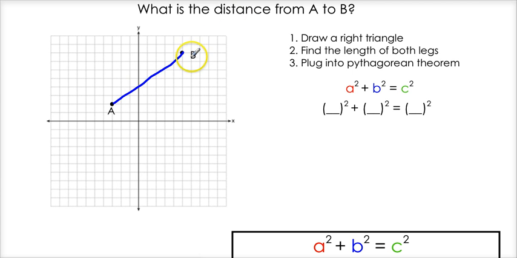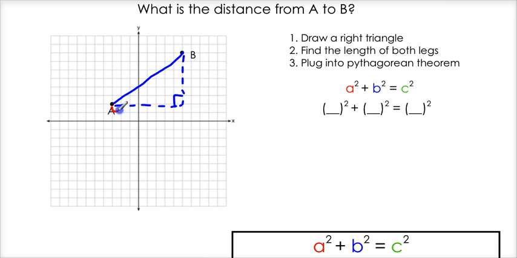Well, I'll show you. What you could do is create your own right triangle. And what I mean is by dropping a line down like so, and dropping a line over here. And this creates a right angle at this corner. And now I have a right triangle. The cool thing is that you could actually find the lengths of these two sides.